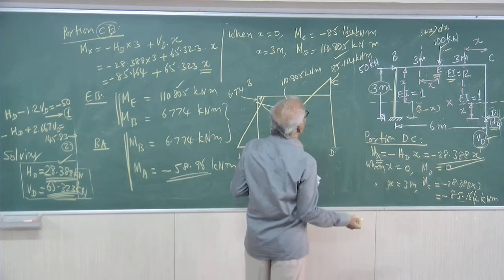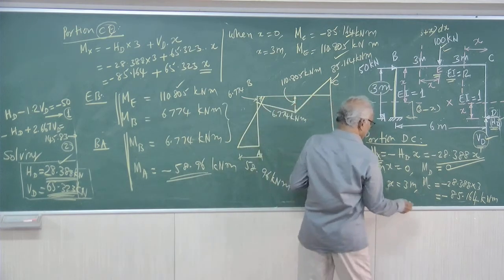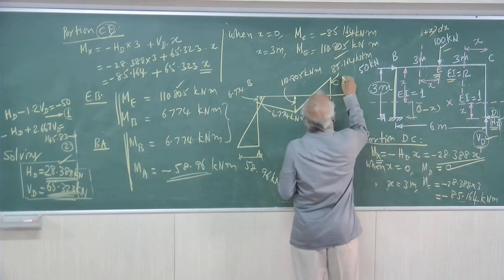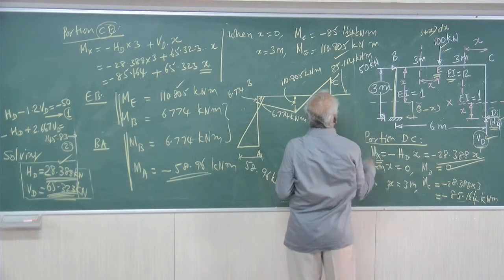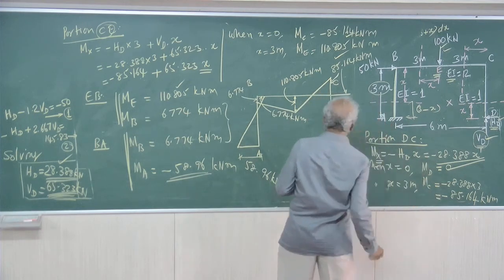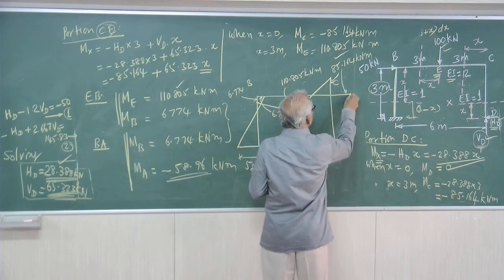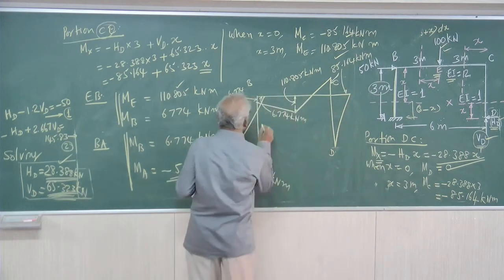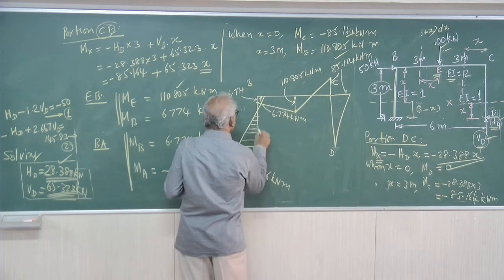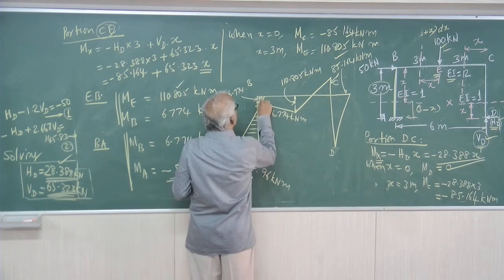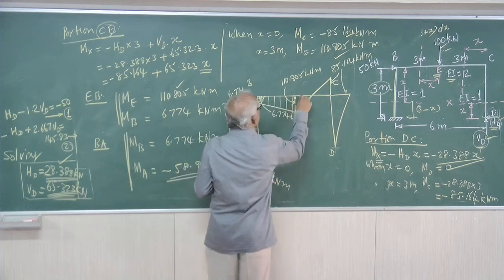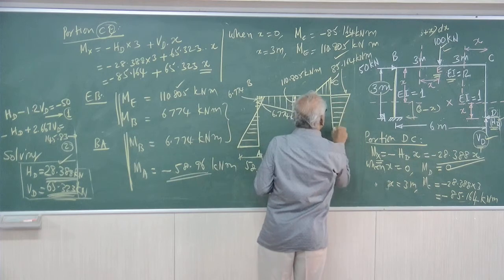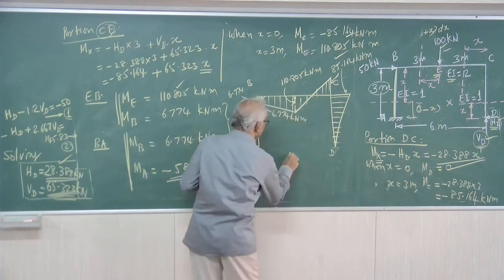Now coming to the column, MC is minus. Minus means again it is outside. So this value is also minus, and MD is 0. In between you will have linear variation. So this is our bending moment diagram.